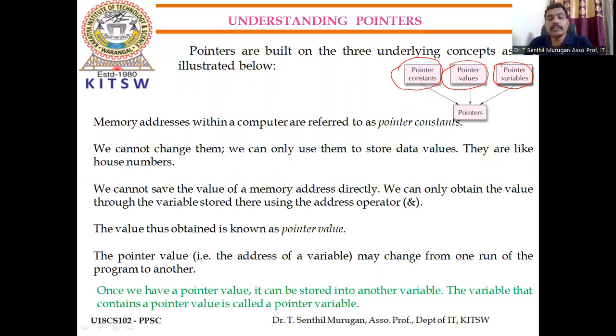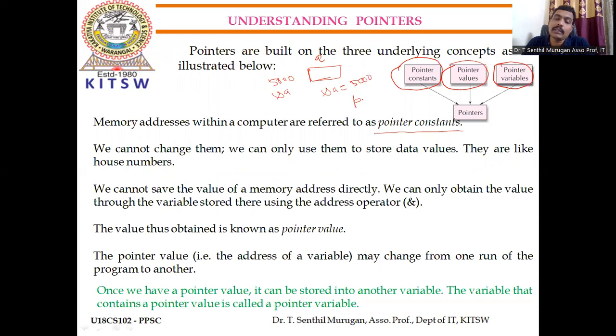The memory addresses within the computer are referred to as pointer constants. So directly, if I know this location address, say this address is 5000. For example, this is A. I created the variable A for this location. So how I can represent this is &A. So &A, what is the value? 5000.